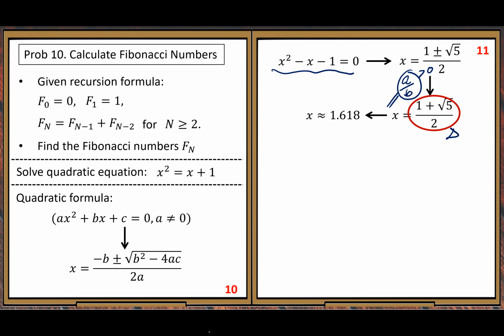You know the definition of a rational number. All right. So here it is an irrational number.